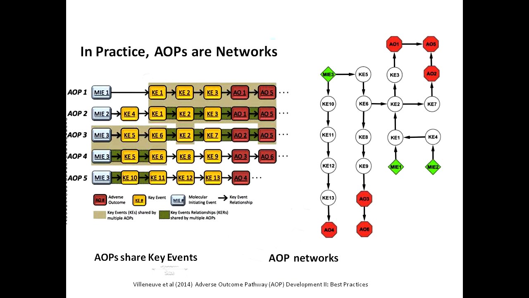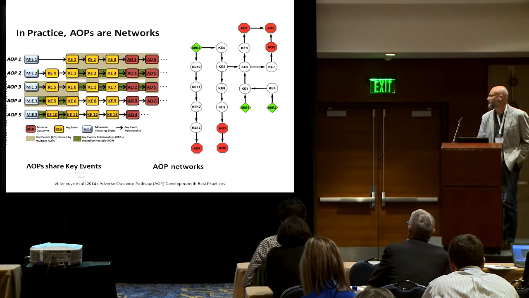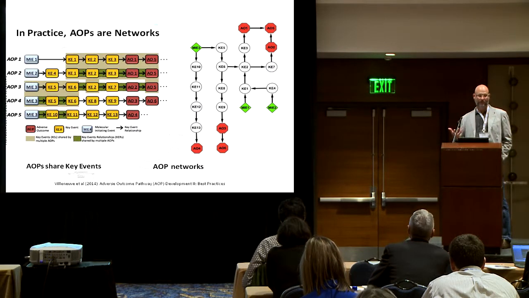And ultimately they can end up in different outcomes, even though they share common key events. So this ends up with a network of things that start interacting in different ways.